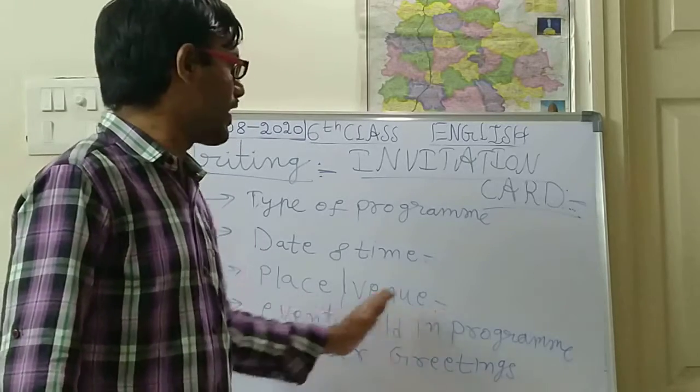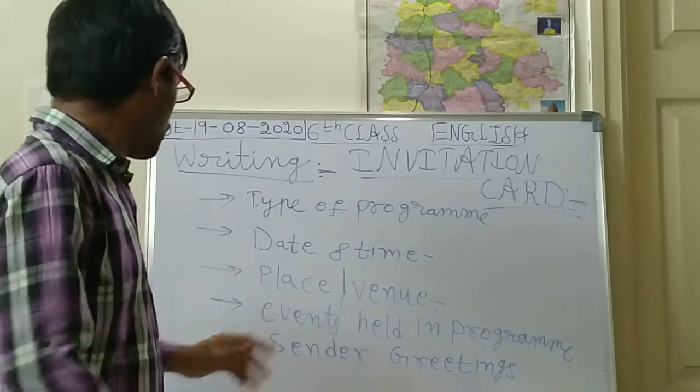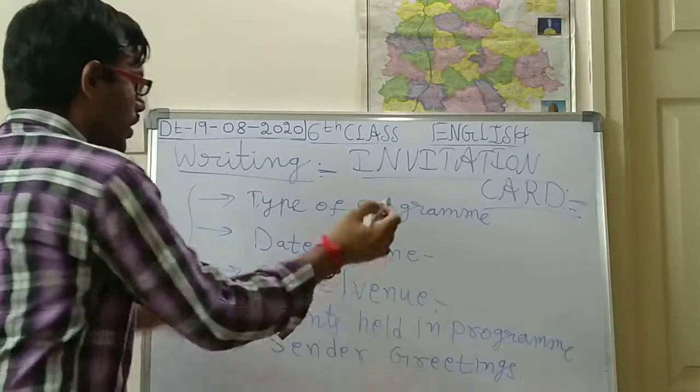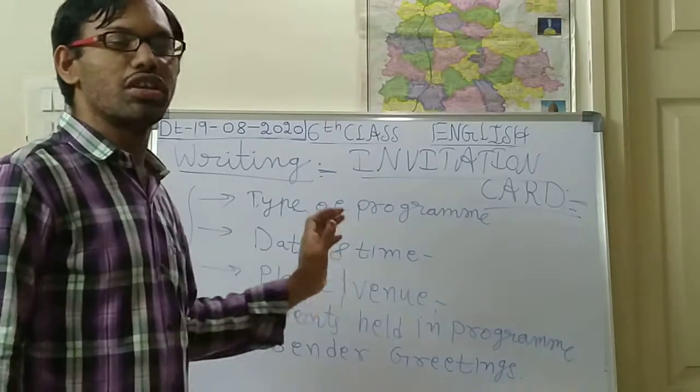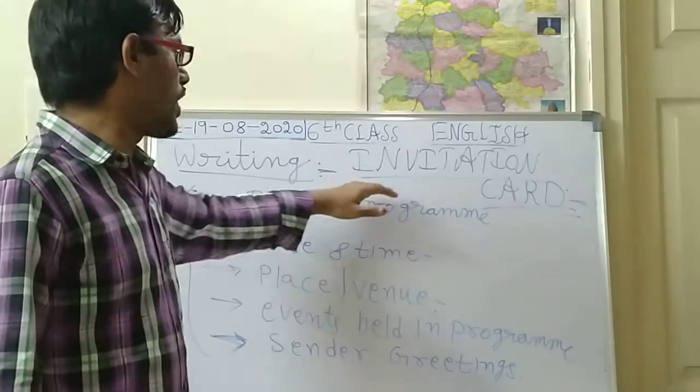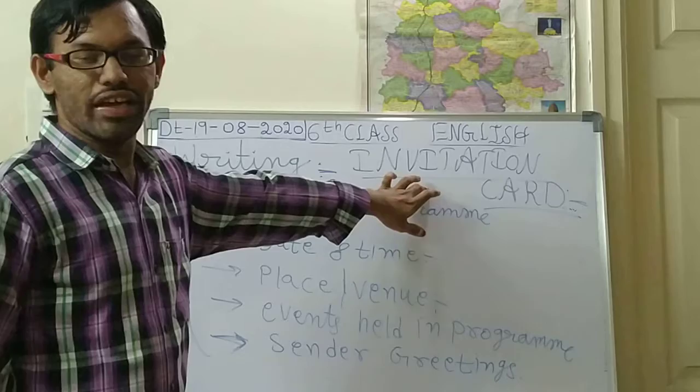So these are the most important five. How many are there? 1, 2, 3, 4, 5. These are the five most important topics which have to be kept in the invitation card.